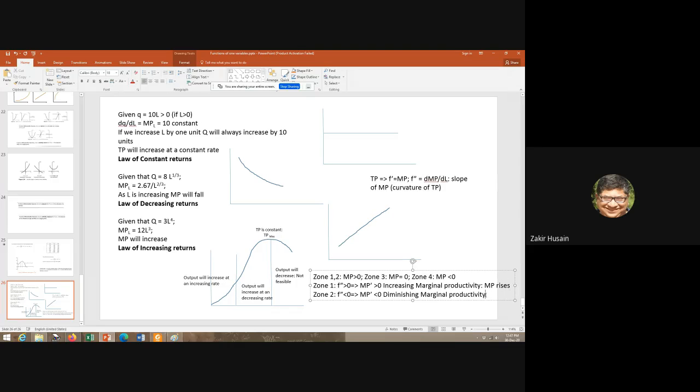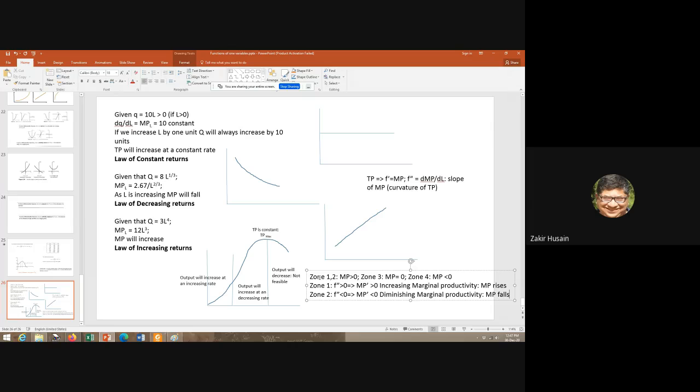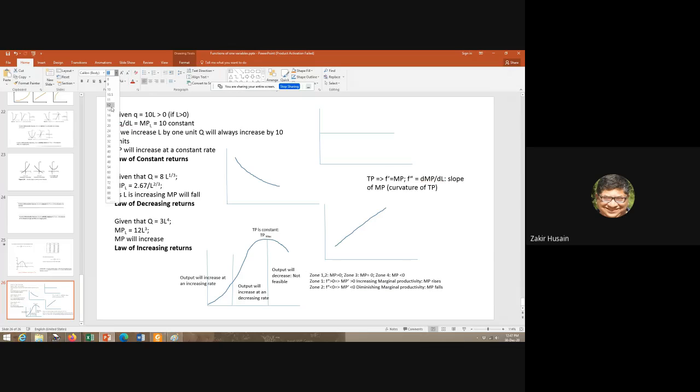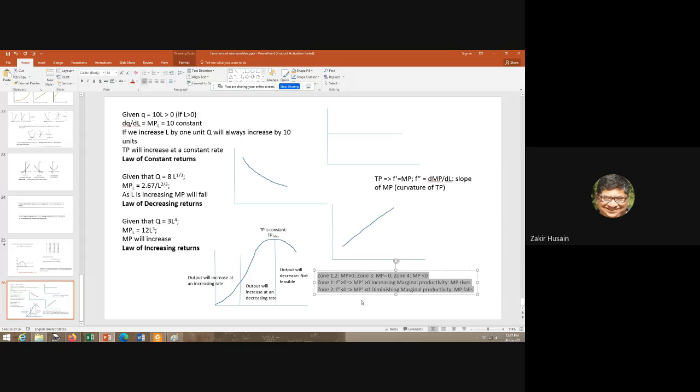So MP rises over here, MP falls over here. So if you want to draw the marginal product curve, what will happen over here? MP is initially rising, right?